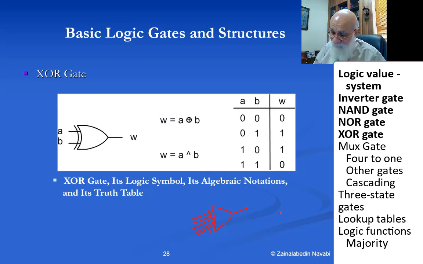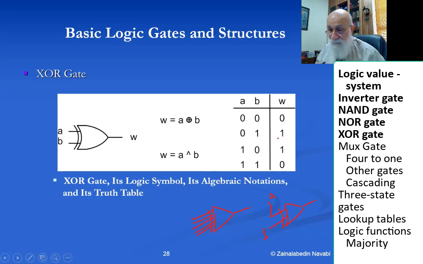Another way of looking at XOR is if this input is 1, the output becomes the complement of the other input. And if this input is 0, the output becomes the same as the other input. The way it works is 0, 0 gives you a 0, 0, 1 gives you a 1.